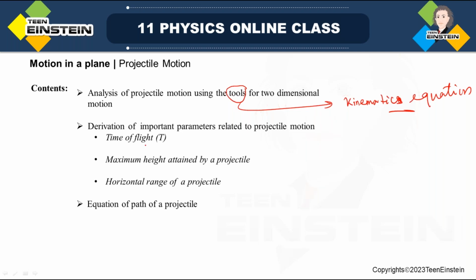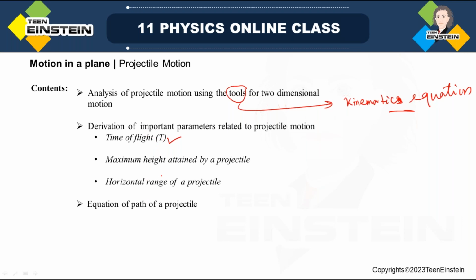To analyze the projectile motion, we need to define, understand and derive three parameters which are related to the projectile motion. One is time of flight. We'll discuss in detail what this is when we go to it, and I'm just mentioning what are the things we are going to learn here.